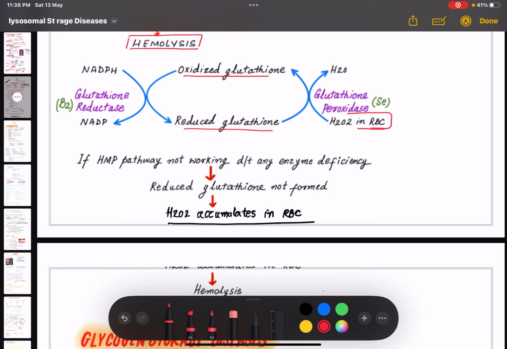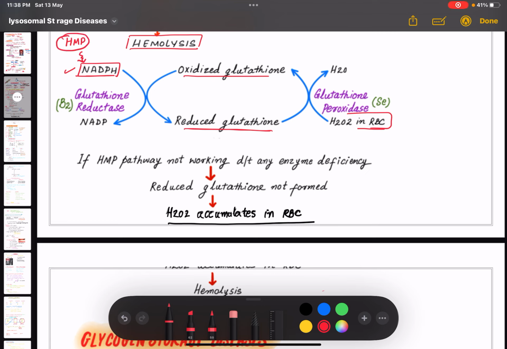Once NADPH is added to oxidized glutathione, it becomes reduced glutathione. Actually, this NADPH we get from the HMP pathway. If HMP pathway is occurring, we will get NADPH.